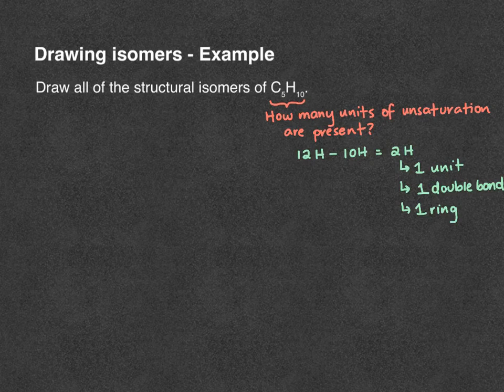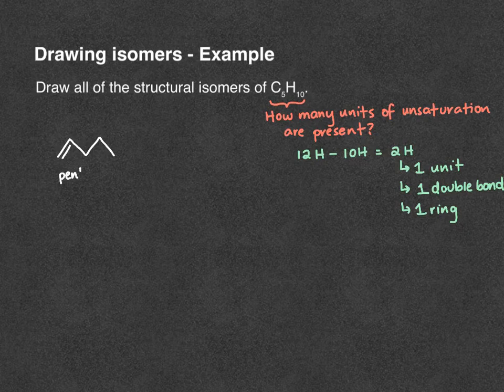So when we start drawing our isomers, we're going to always ensure that our isomers have one of those two features. So I'm going to start with a straight chain, and I'm going to draw my double bond on the first carbon. Naming isomers is really helpful in making sure that you don't repeat as you're drawing. So this is going to be pent-1-ene.